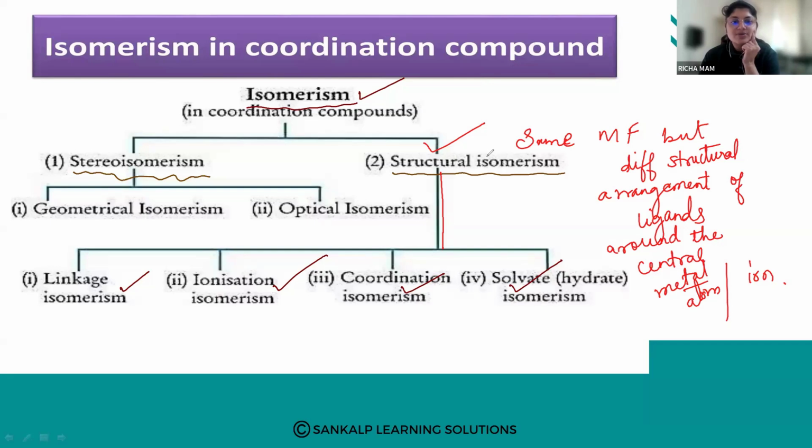Structural isomers have the same molecular formula but different arrangement of ligands around the central metal atom or ion. These are divided into four types: linkage, ionization, coordination, and solvate.